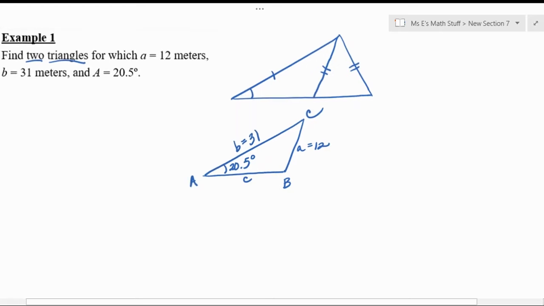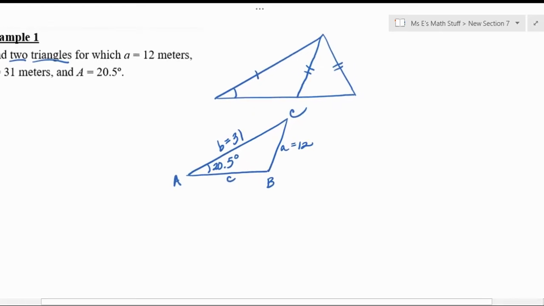And then the other triangle that has these lengths would be the big outside one. So again, this is 20.5 degrees. This is 12. This is 31. And then this angle, I'm going to call B prime because it's probably a different measure than B over there.